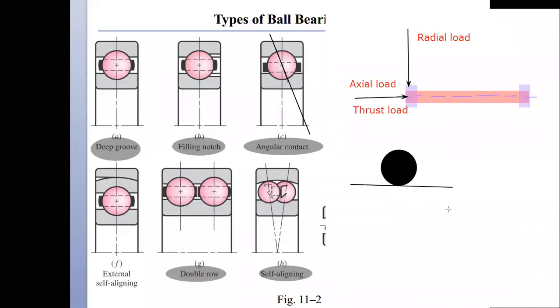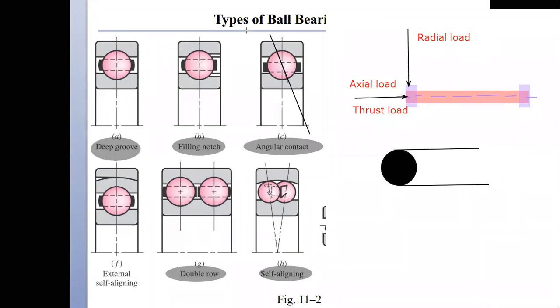Tangential, and since it is tangential, only a point of the sphere is going to touch this surface. So this sphere is only going to touch at a point, wherever it has contact with this surface, so it is going to be a point contact. Remember this. So if we are using a ball bearing, then the contact is a point contact, right?